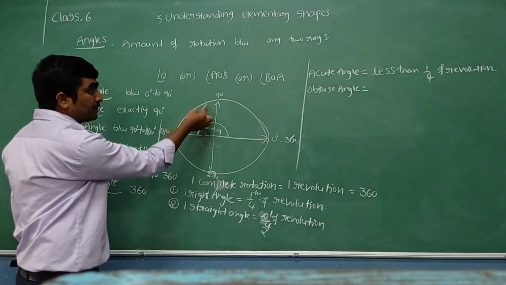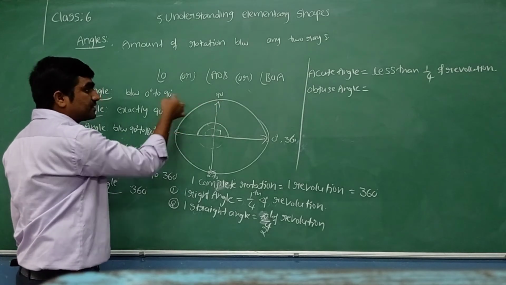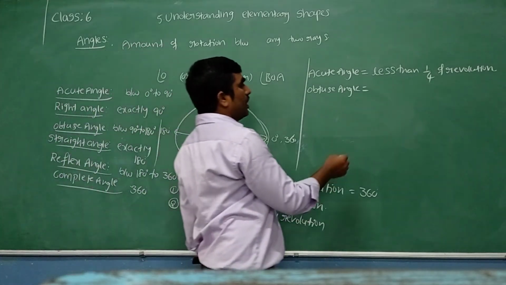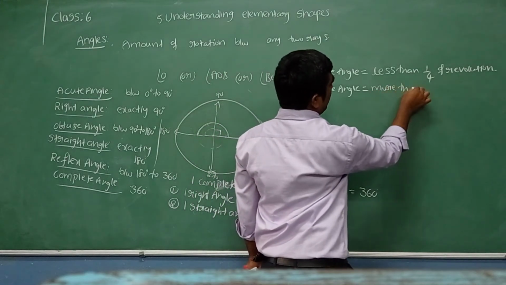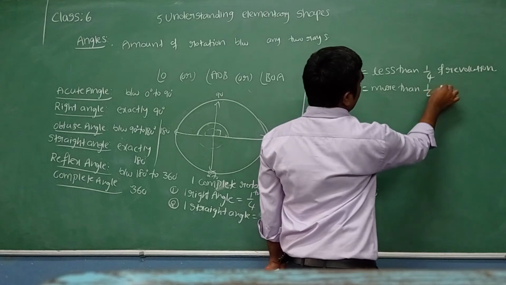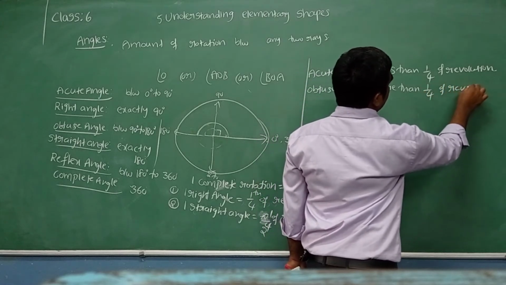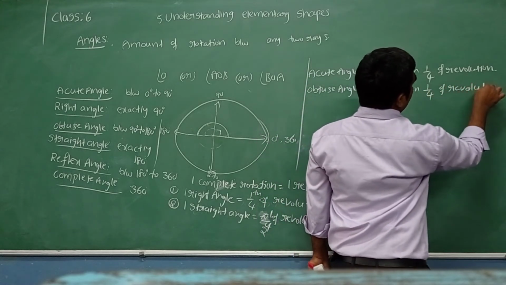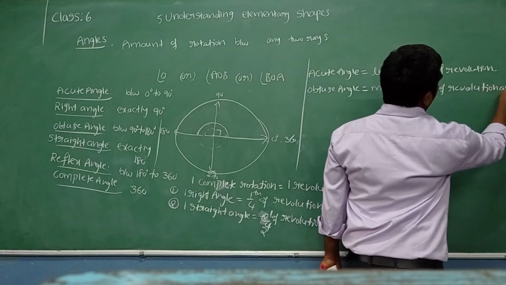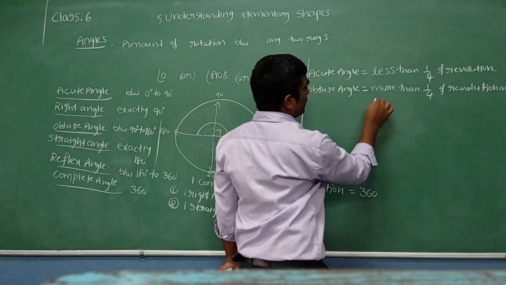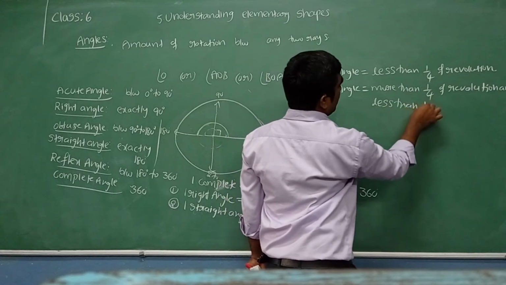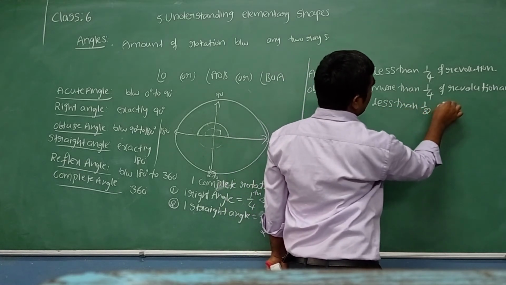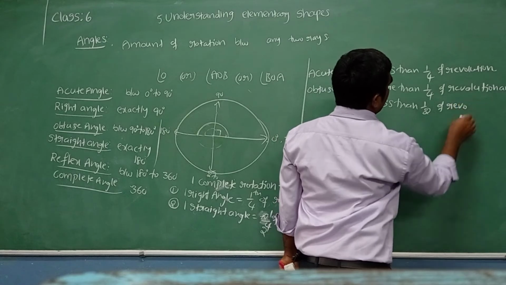So obtuse angle means more than 1/4 of revolution and less than half of revolution.